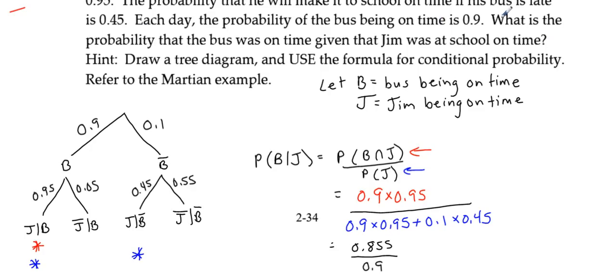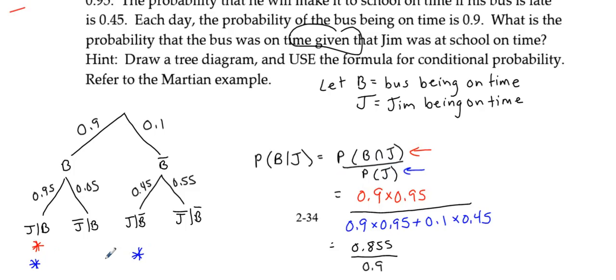So what is the probability that the bus is on time given that Jim was on time? So this is conditional. The probability that the bus is on time given that Jim was on time is the probability that the bus is on time and Jim is on time, which is this branch here, 0.9 times 0.95, divided by the probability that Jim was on time.